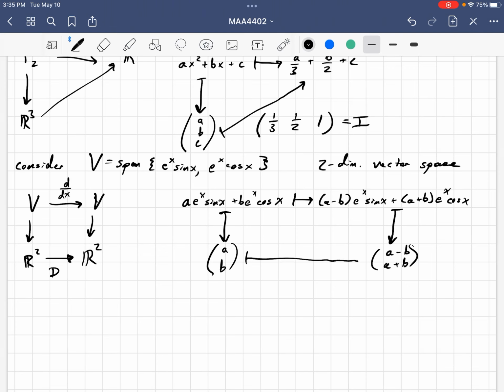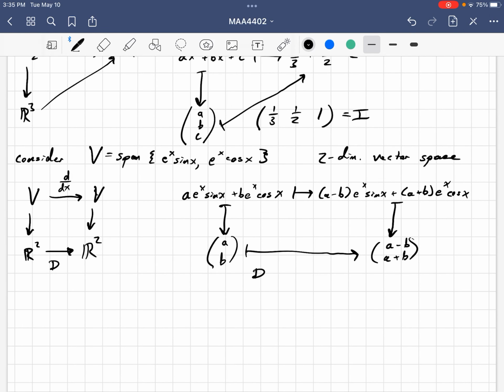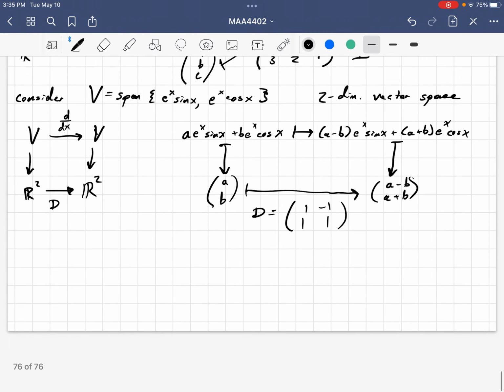And so now we just need to find the derivative matrix D that maps from this vector to that vector. And this matrix is straightforward enough. It would be 1 minus 1, 1, 1, right? Based on these coefficients right here. And so that is a way to represent the derivative in this vector space.